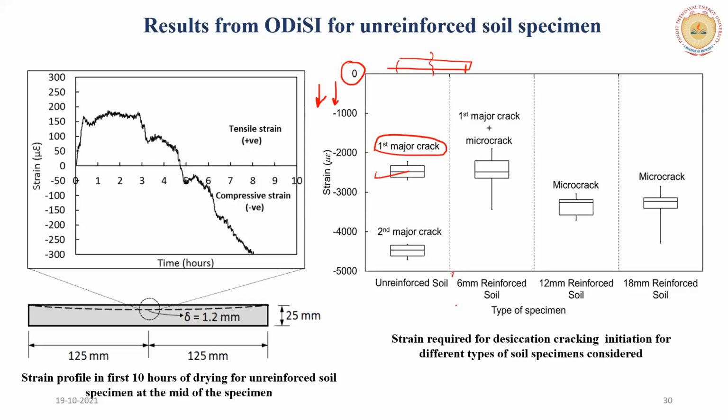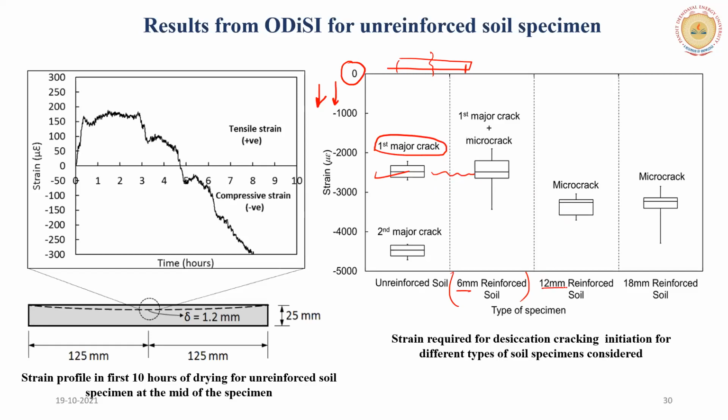When I'm using some fiber reinforcement like 6 mm fibers, 6 mm fibers are very, very fine, right? 6 mm, you can imagine it's half of 1 centimeter. So these are very fine, so they may not resist the cracking. That is why the crack value is almost similar to the unreinforced specimen.